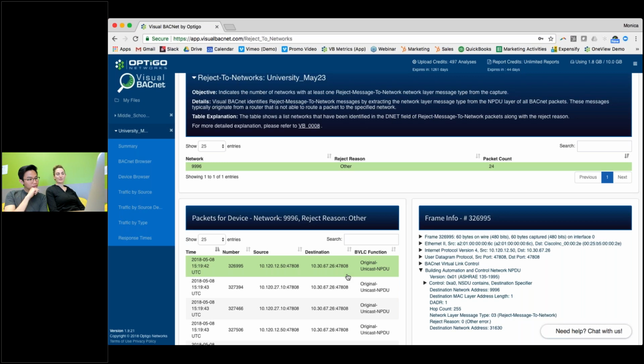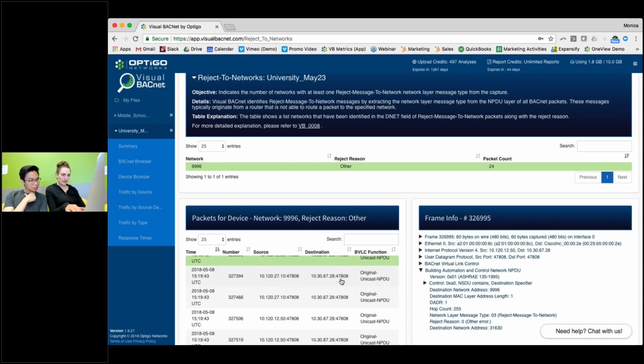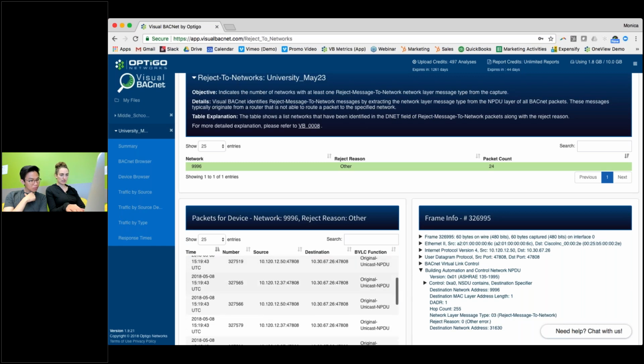I love these reject reason other. Very useful. So it's all this device 10.30.67.26 that's sending the rejections to a bunch of different people that are trying to talk to it. 6726 is the destination.